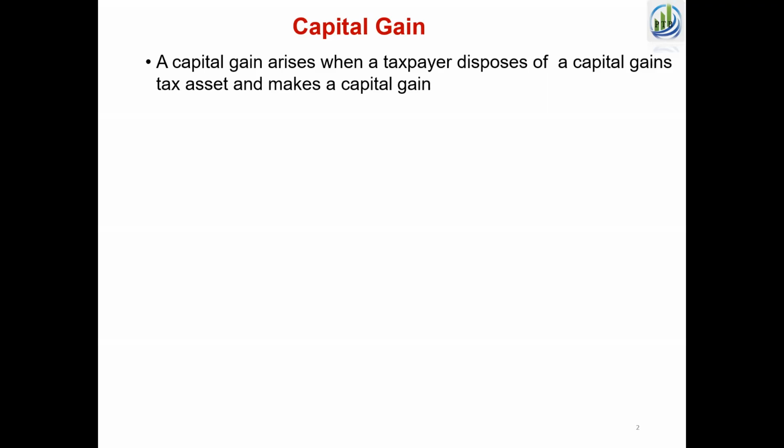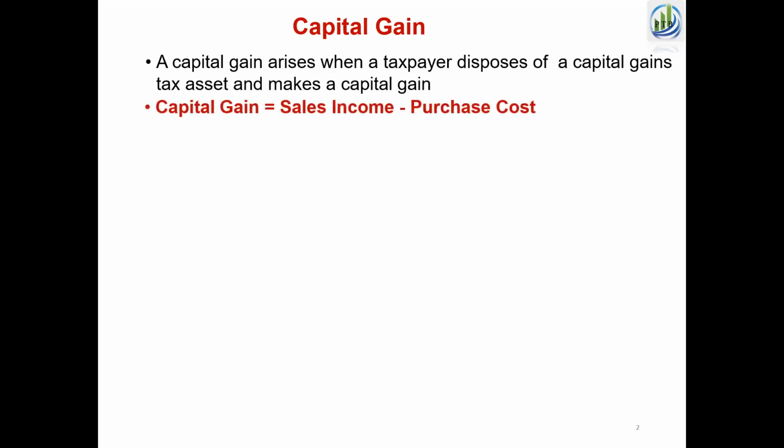Whatever profit you make from your capital transaction, you add within your other assessable income, same as foreign income, rental property income, business income. So there's no separate tax table or tax rate for the capital gain, but there are rules on how to calculate a capital gain.